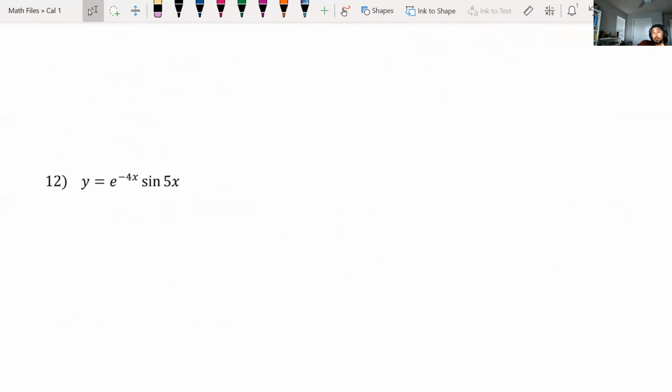Okay. 12. e to the negative 4x times the sine of 5x. So what rule are we going to have to use here? Product rule. So f is going to be e to the negative 4x, and g will be sine of 5x. A bunch of chain rules here. For e to the negative 4x, that's going to use the chain rule derivative for e to the x.